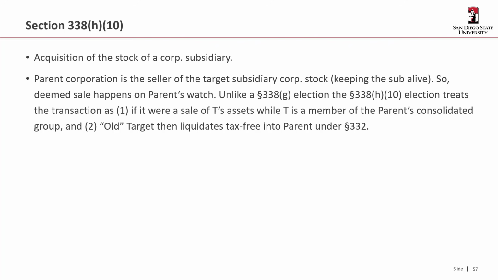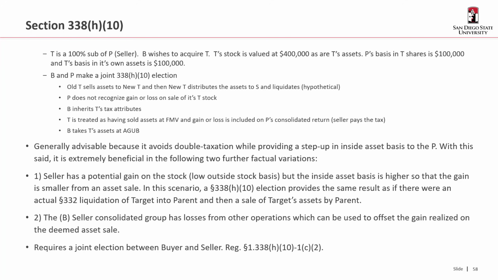A 338(h)(10) election treats the transaction as if it were a sale of T's assets while T is a member of the parent's consolidated group. And then the old target liquidates tax-free into the parent under 332. Okay. So T is a 100% sub of P. That's the seller.